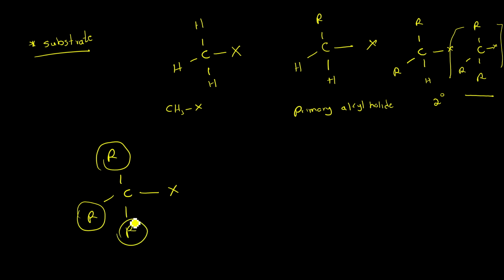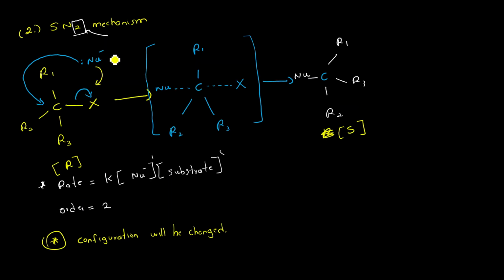In the SN2 mechanism, the nucleophile has to go through these components, through these parts. So it's really hard if you have these kinds of bulky groups. So SN2 mechanisms won't prefer this kind of bulky groups.